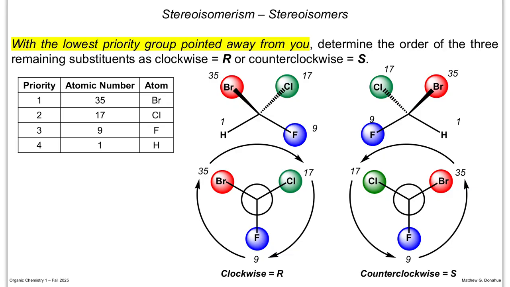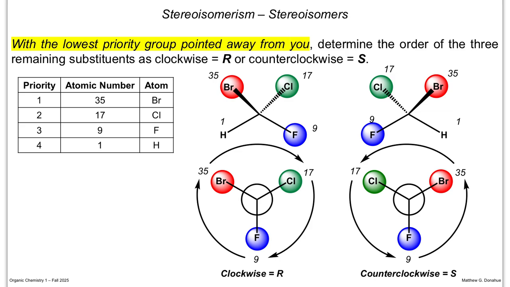So really this is like a Newman projection where you're looking down a carbon-H bond. And so there's your atomic numbers, and then as you see the priority 1, 2, 3, 4. Since hydrogen's the lowest priority, it goes away from you. And then everything else is just descending atomic number.